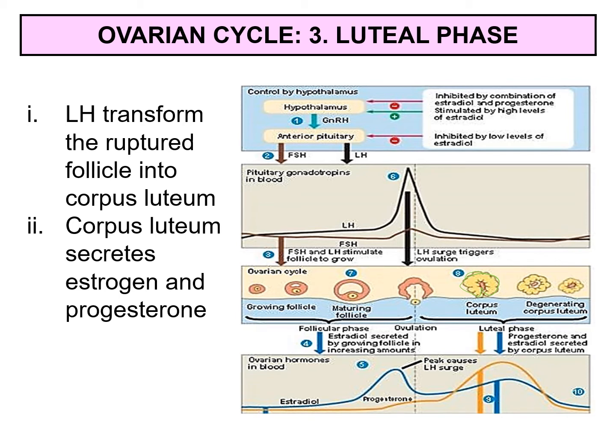The corpus luteum will secrete estrogen and progesterone. That's why we see a slight increase for estrogen, but progesterone increases more. So the amount of progesterone is more than the estrogen. Both will rise, but progesterone more.